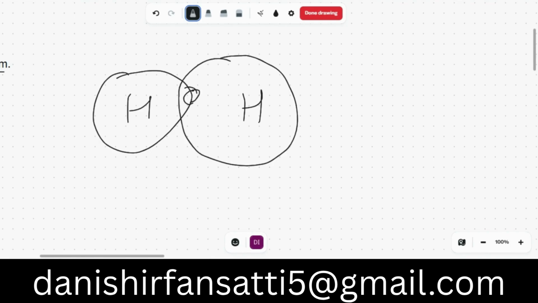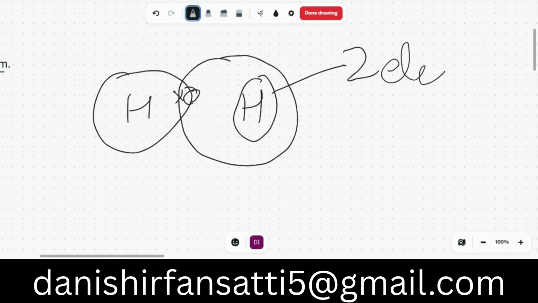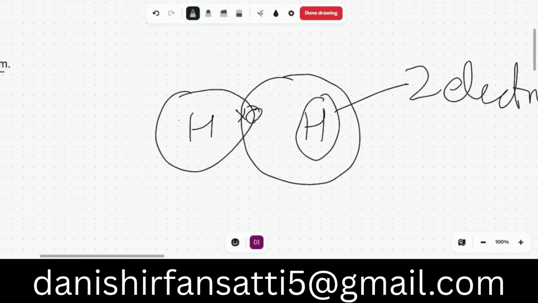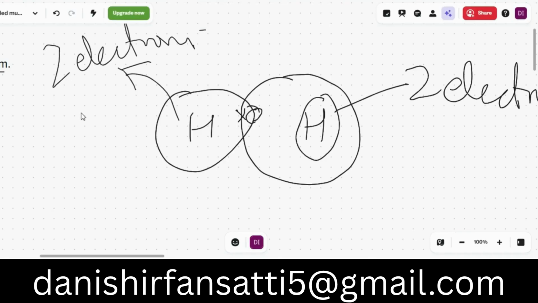Both of them will share one of their electrons. So now this hydrogen has two electrons, and this hydrogen also has two electrons shared. Now they are stable. Now let's go back to our topic.